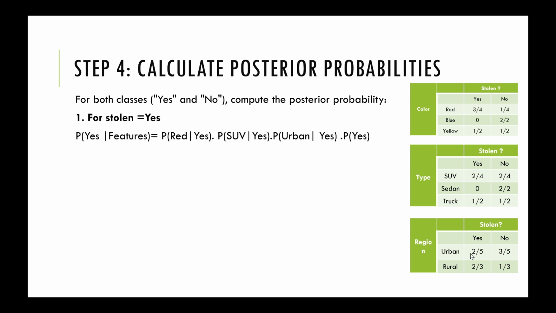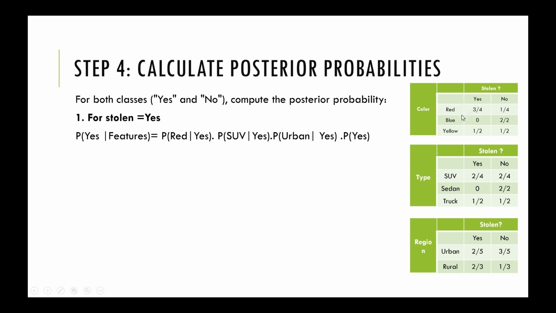For stolen equal to Yes, the posterior probability formula is P of Yes given the features equals P of red given Yes, into P of SUV given Yes, into P of urban given Yes, into P of Yes.